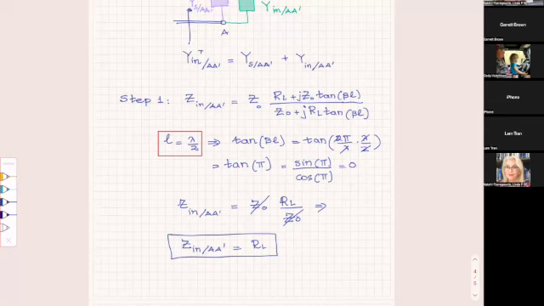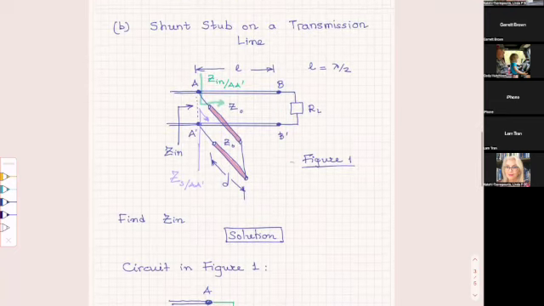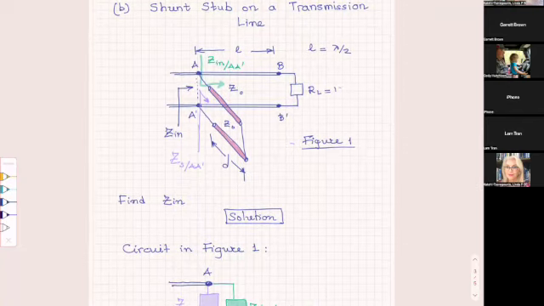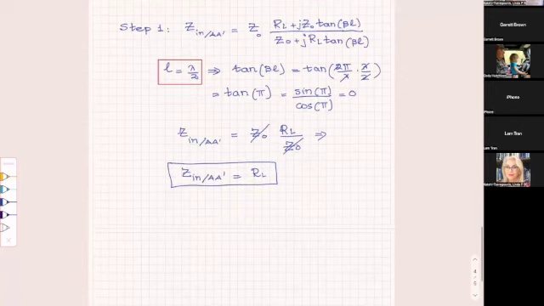And RL, we have not given it here. Let's assume that RL is 100 ohms. So here we found that Z input is 100 ohms, which in fact gives us that Y input at A prime equals 1/100, which is 0.01 Siemens.